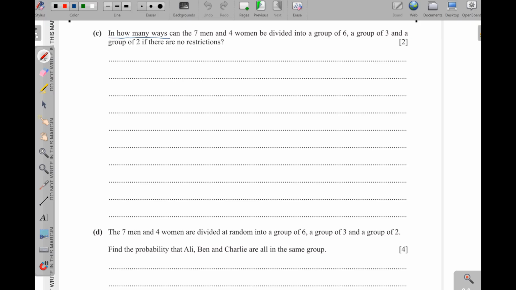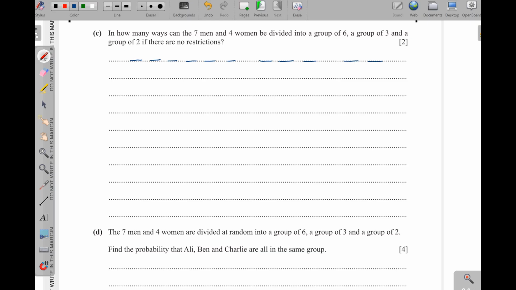Then part C: in how many ways can the 7 men and 4 women be divided into a group of 6, a group of 3 and a group of 2 if there is no restriction? So we have 1, 2, 3, 4, 5, 6, then 1, 2, 3, and then 1, 2.